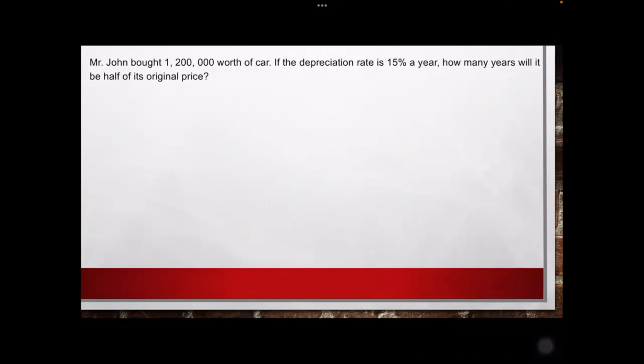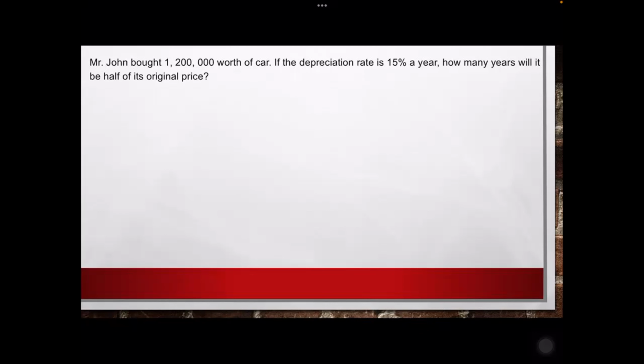Next. So, Mr. John bought an 1,200,000 worth of car. It depreciates the rate of 15% a year. So, how many years it will be half of its original price? So, again, ang car natin, kapag binili natin ng 1,200,000, in the next year, bumababa na yung presyo niya.